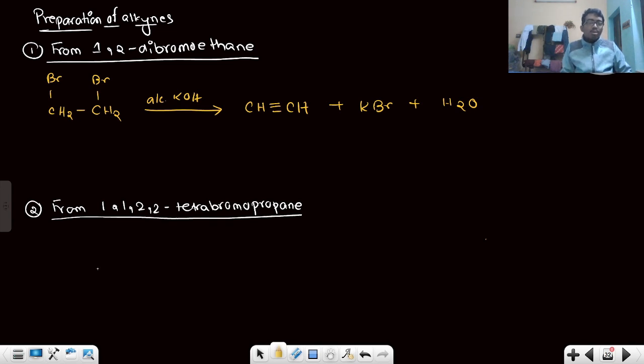Next, 1, 1, 2, 2 tetrabromopropane. It's a very important one. This was formed by the reaction of alkyne with bromine. Okay. So how does it look like? 1, 1, 2, 2 tetrabromopropane. Propane is CH3, CH2, CH3.